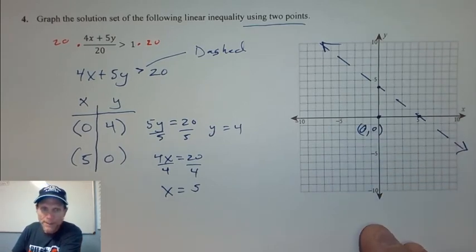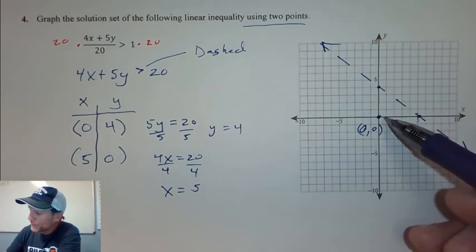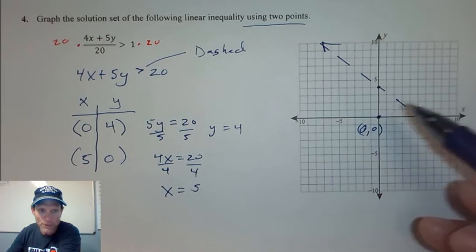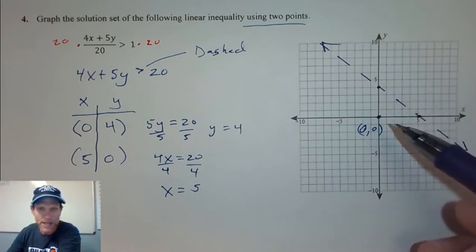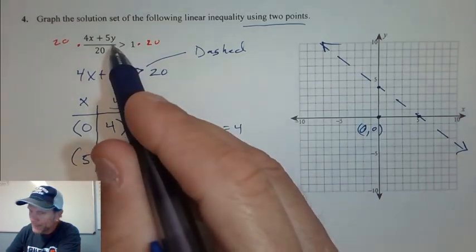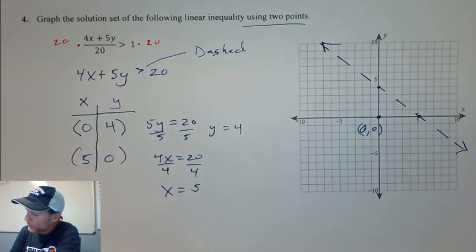Now, if your boundary line happened to go right through 0, 0, you would have to test a different point, like 5, 5, or 1, 1. You have to pick a point that's not on the boundary line. So I'm going to test 0, 0 back into the original inequality.